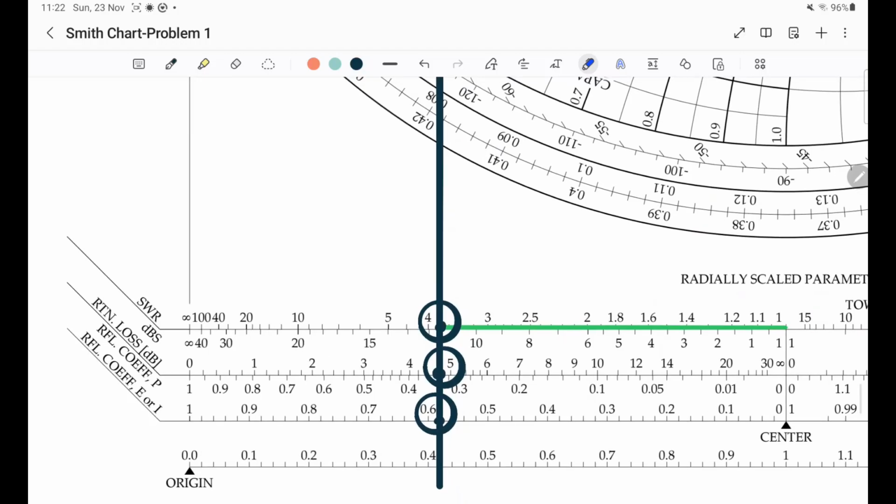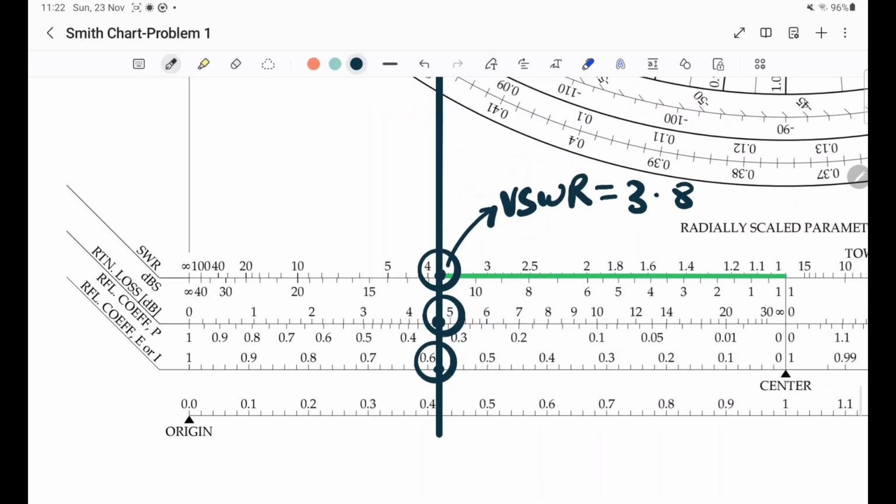So you see this is cutting at somewhere 3.8. So this value, VSWR, is 3.8 and it's in linear scale. If you see here, it also cuts the return loss in dB as somewhere near 4.8 dB.